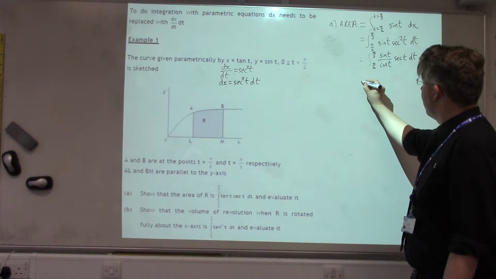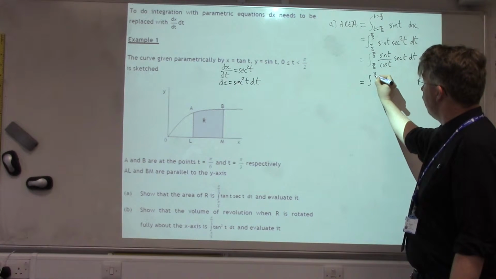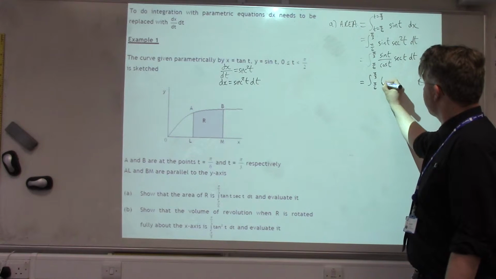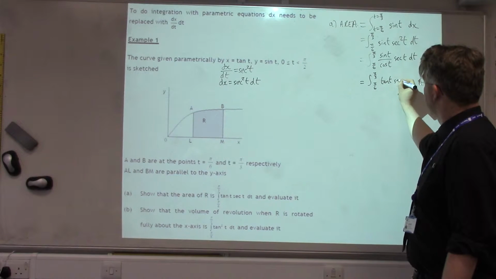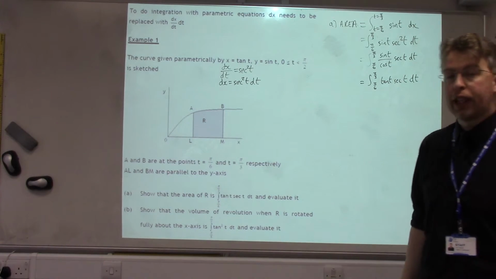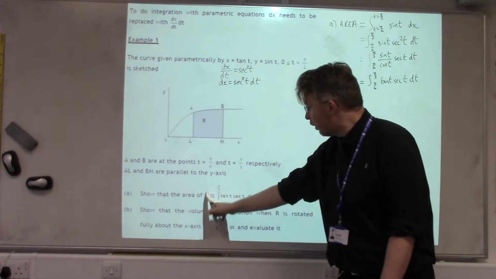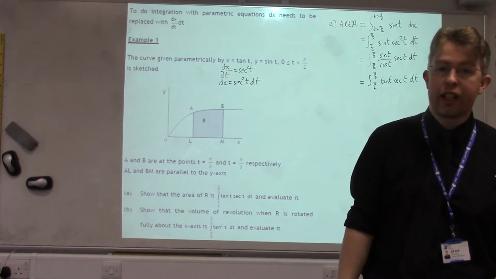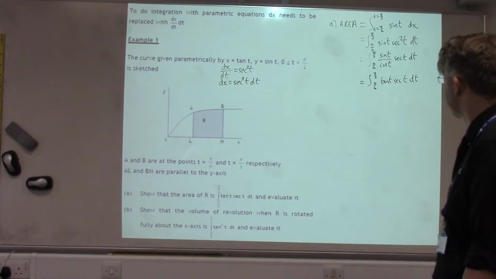Sine over cos is tan from C2. And we get the integral of tan t times sec t dt. So that is the integral we've been asked to show that the area is equal to in the question.